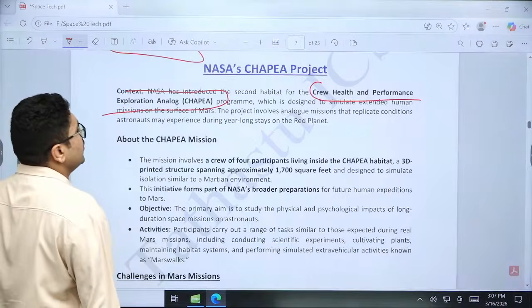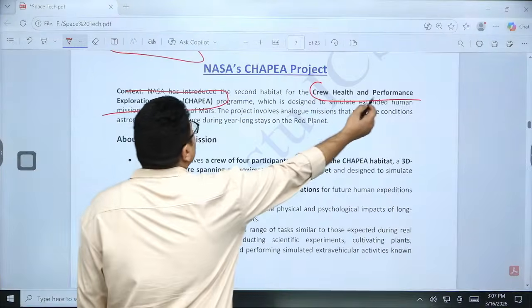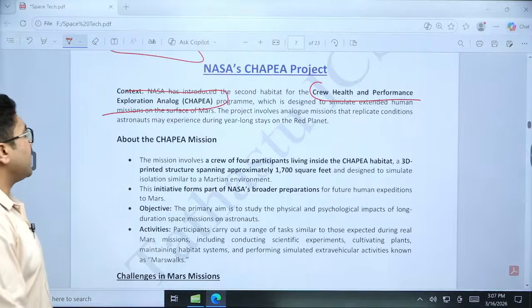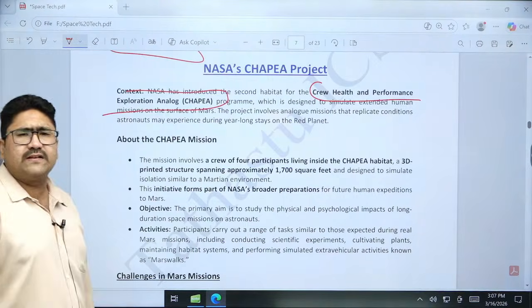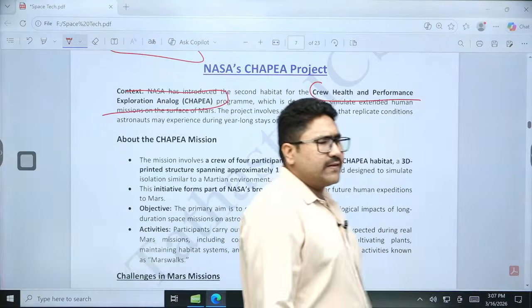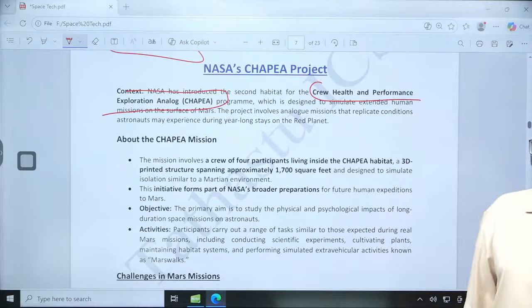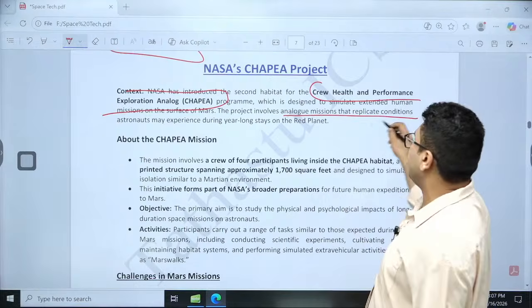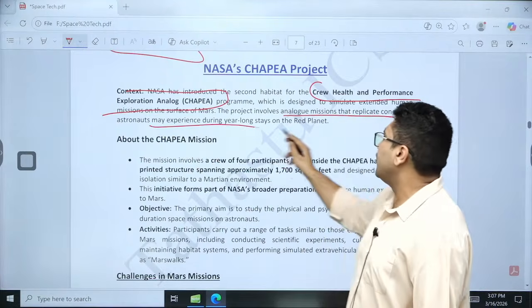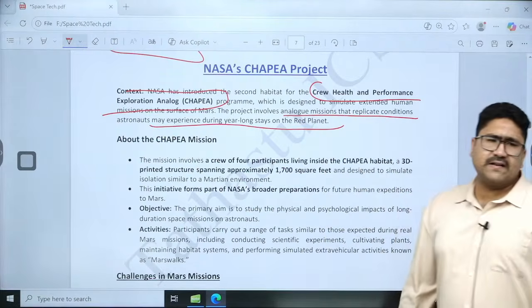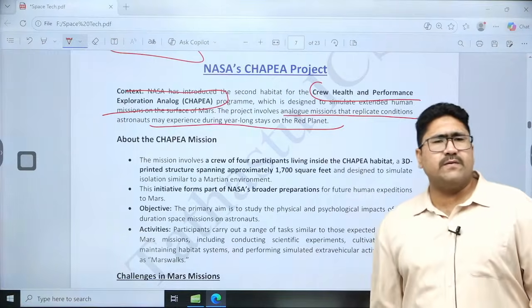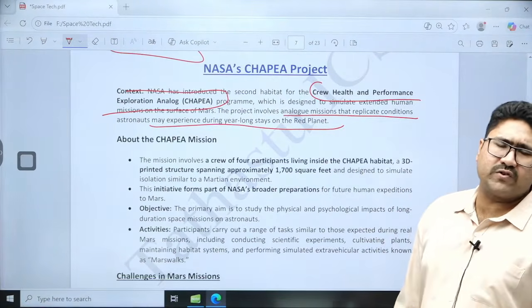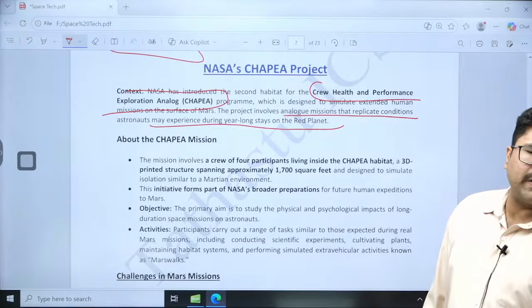Coming to CHAPEA, that is Crew Health and Performance Exploration Analog program. Like India has its own analog program, USA has also launched an analog mission, that is the CHAPEA mission, which replicates conditions for astronauts on the red planet, that is Mars. So India's red planet analog mission is Hope Habitat.